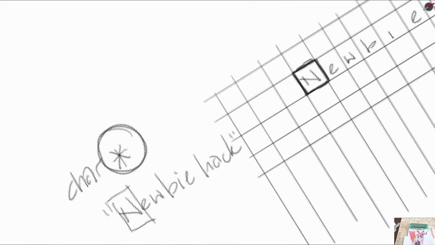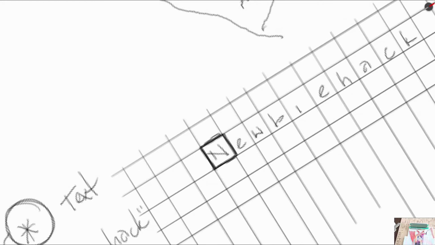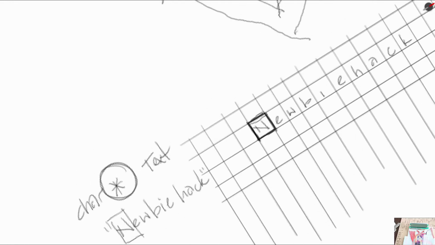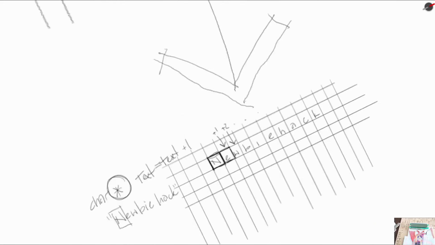And this data type, of course, is going to have some kind of name. Let's say we call it text. Well, text is the actual variable that we use to access this location. And if you increment text equals text plus 1, then it will know what's inside of this location. So this is plus 1, and this is plus 2, and so on. The cool thing about specifying pointers over arrays is that you don't have to declare a specified number of locations, because at the very end, it will add a null character here.